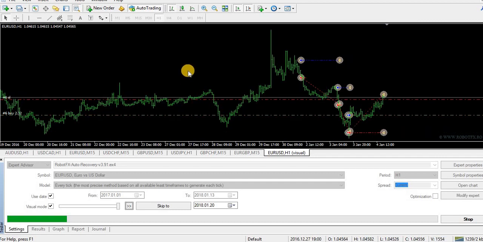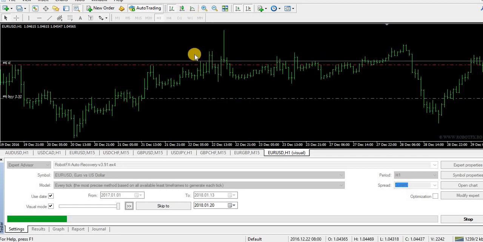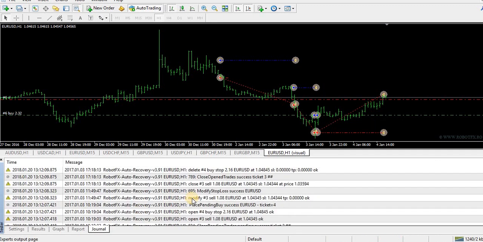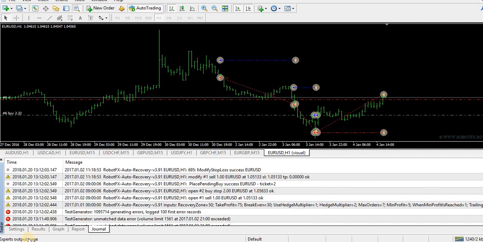All right, and there it happened finally. I found the right settings. The expert advisor wants the minimum profit $5. I said the minimum profit, right? Yes.